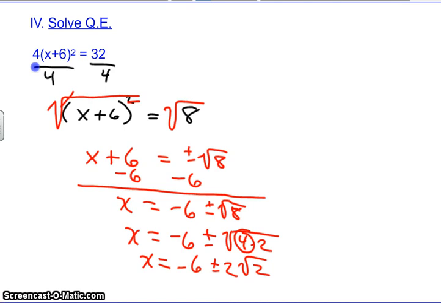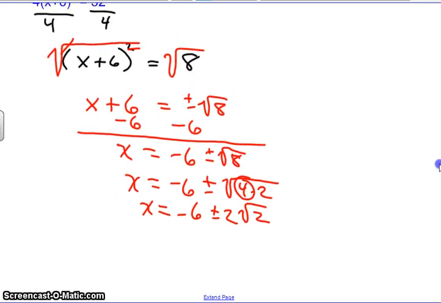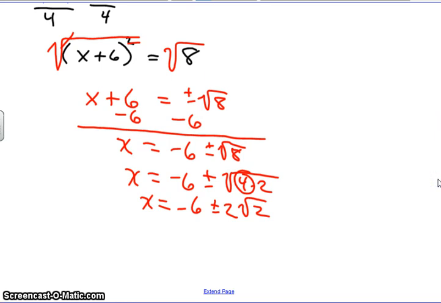Okay, or, of course, we could give an estimated value of the square root of 8, which is probably what they're doing here. So it's interesting. There are many ways to express things, but if we wanted to, let's back up to this place here. X equals negative 6 plus or minus the square root of 8.